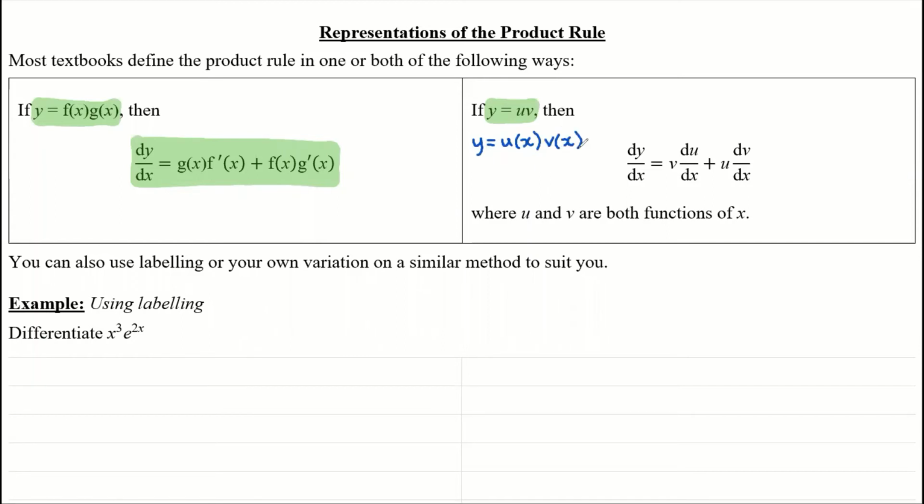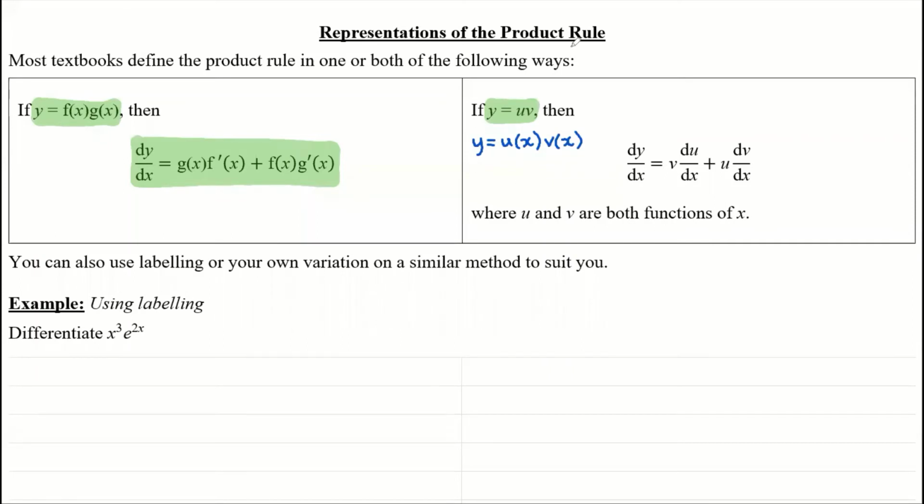And then dy by dx would be the second function v multiplied by the derivative of u plus the first function u multiplied by the derivative of the second function v. Okay, those are the two standard ways you'll see the product rule.